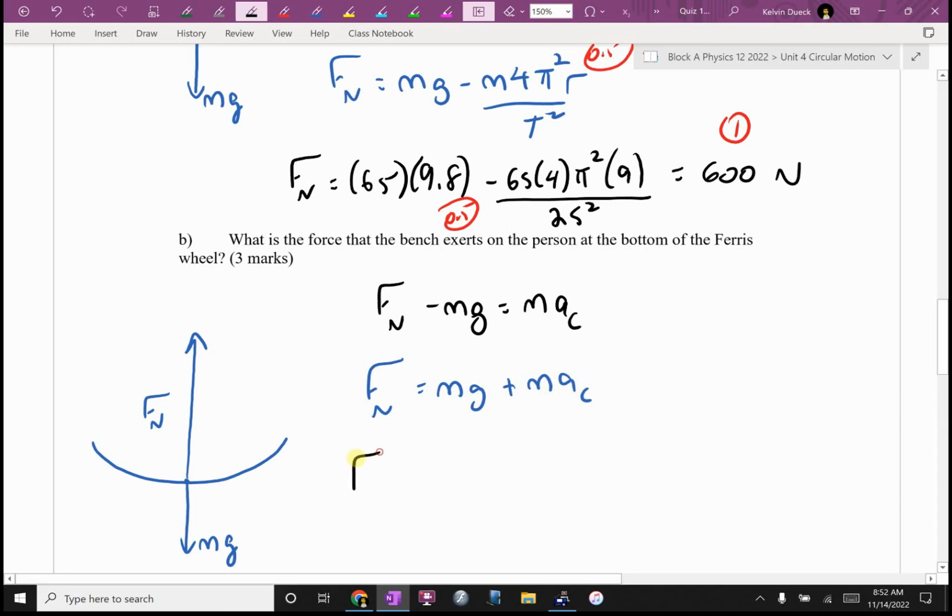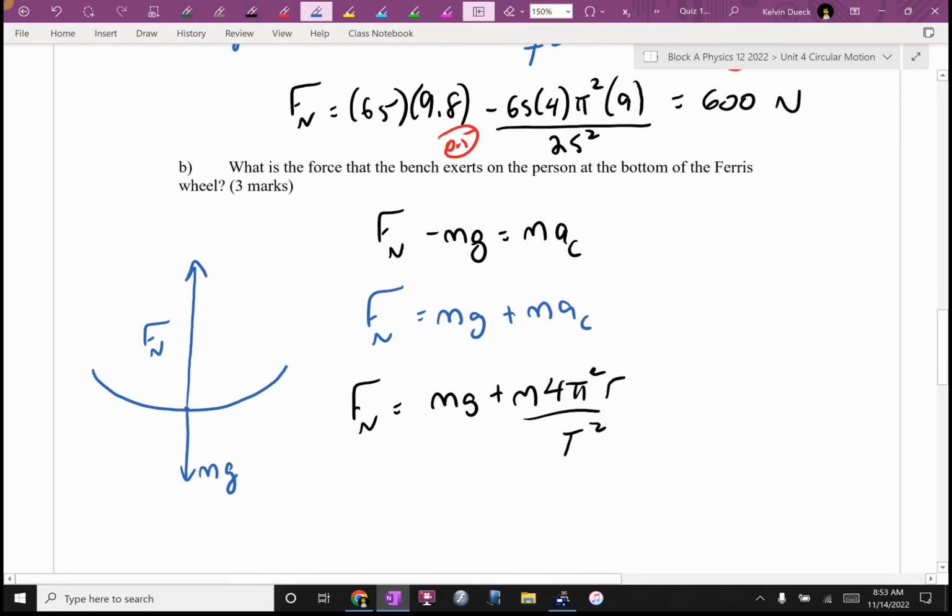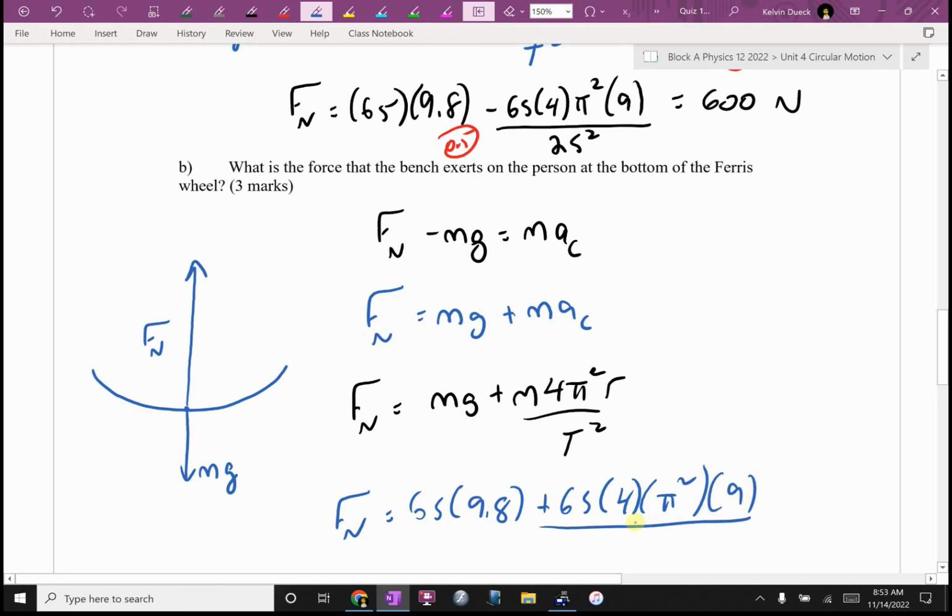It's going to be normal force equals mg plus m 4 pi squared r over t squared. It's going to be mg plus 65 times 4 pi squared times 9 all over 25 squared.